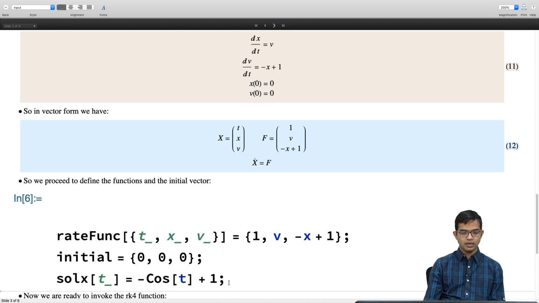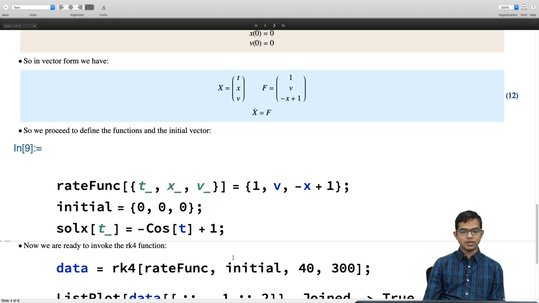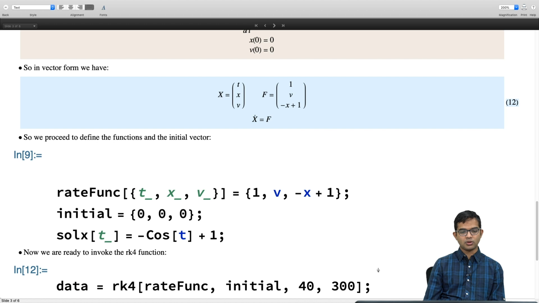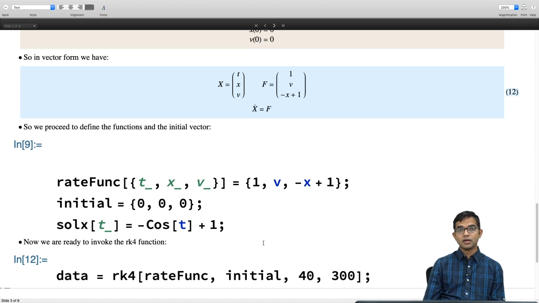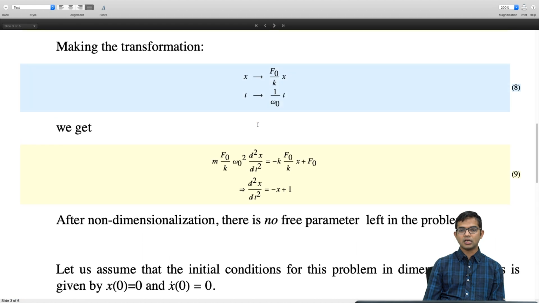So I will also define a new function which is called solution of t, and now we are of course ready to go ahead and invoke the RK4 function. So data is equal to RK4 of rate comma initial comma 40. I am taking it up to 40 time steps, and 300 is a measure of the number of iterations involved.